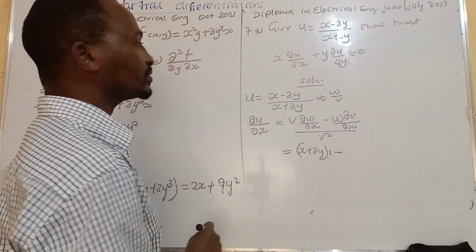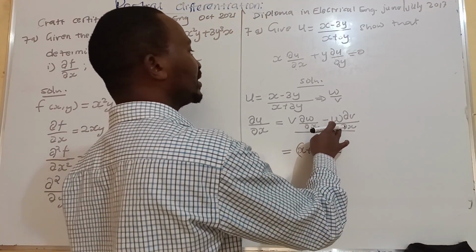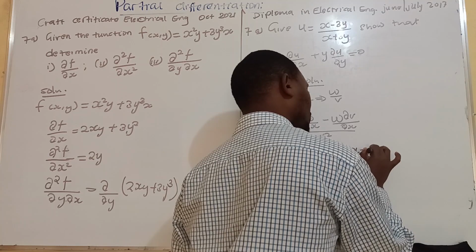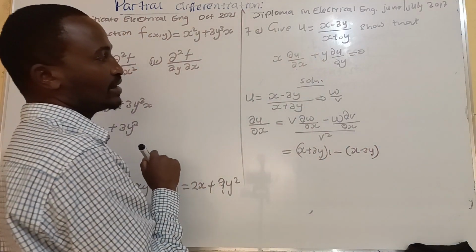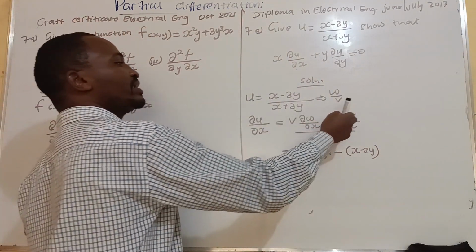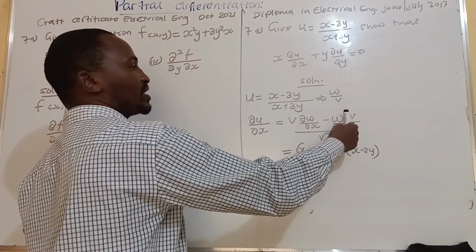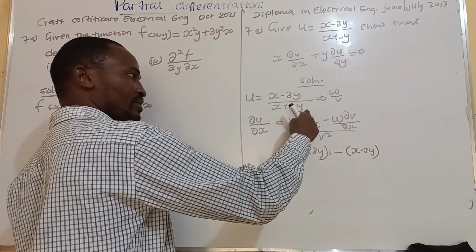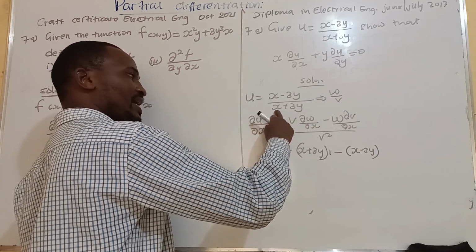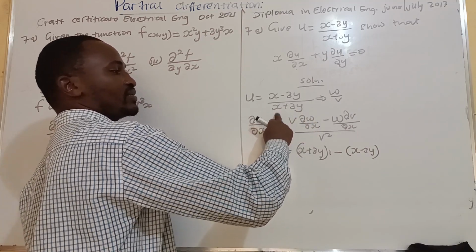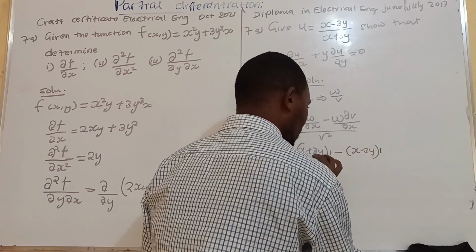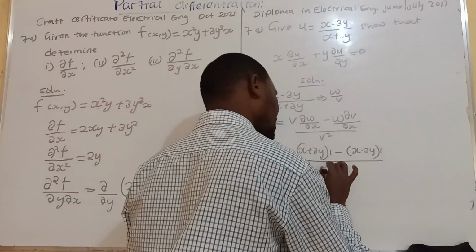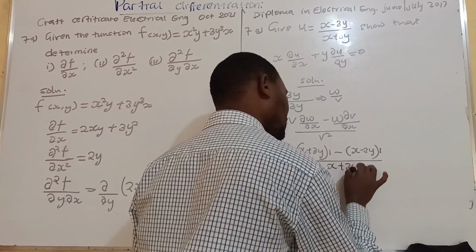Minus w, which is x minus 3y, multiplied by the derivative of v with respect to x. Differentiating x plus 3y, 3y is a constant and disappears, and x gives 1, all over v squared, which is x plus 3y squared.